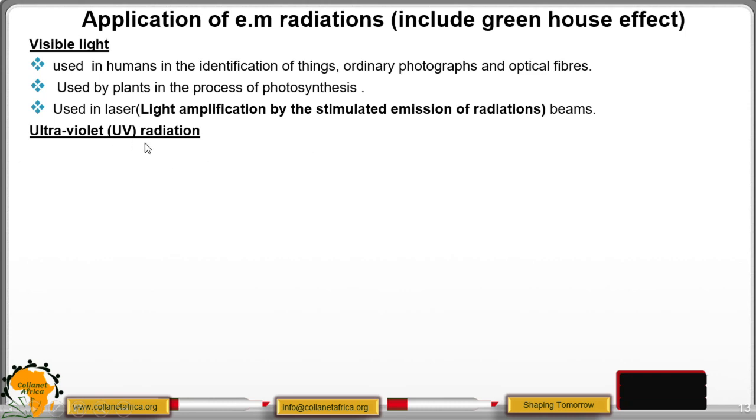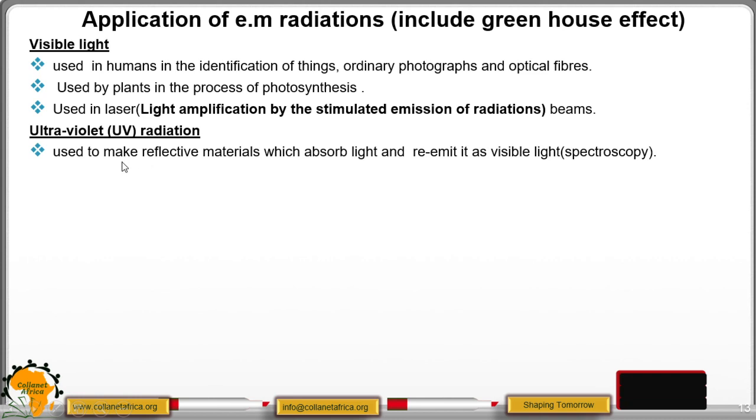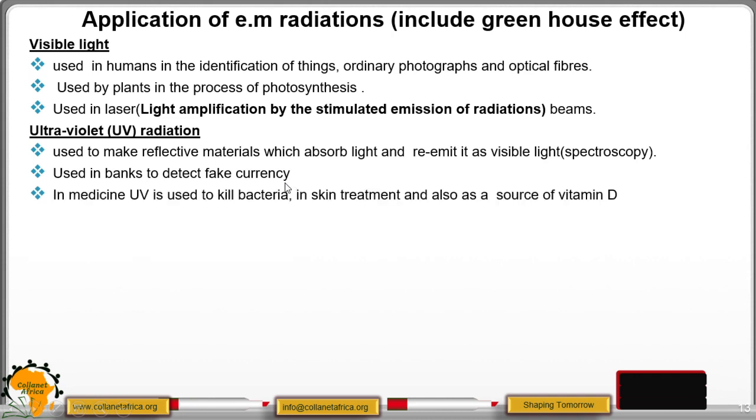Then we have ultraviolet. It is used to make reflective materials which absorb light and re-emit it as visible light, and this is what we call spectroscopy. Also in banks, to detect fake currency.